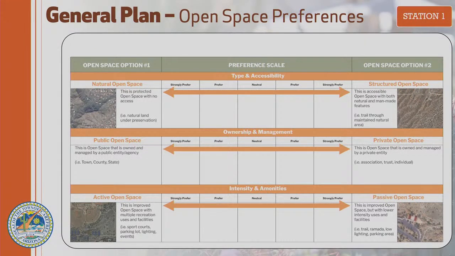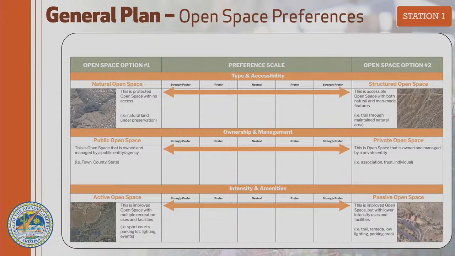Ownership and management. When you look at the general plan, you can see different types of open space identified currently. And I've heard from residents saying, hey, in the general plan you identify something as open space, but it's a golf course, and that's private. Whereas others, like the gardens, are public open space. And so we want to, again, make sure we understand where your mindset is when you say we want to be focused on open space, where do we fall in terms of public versus private.